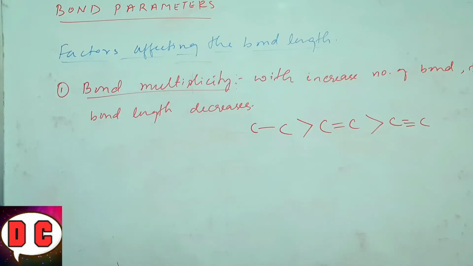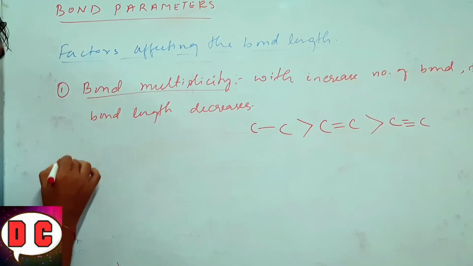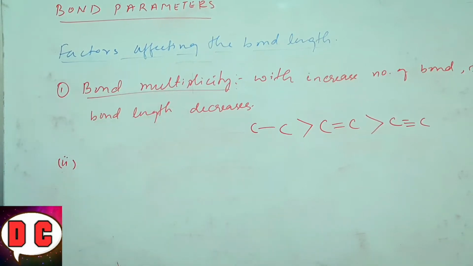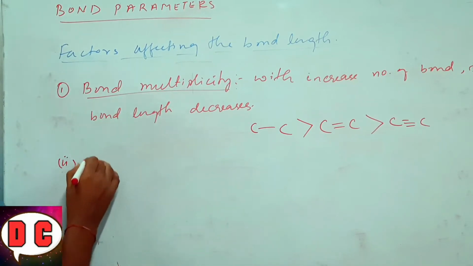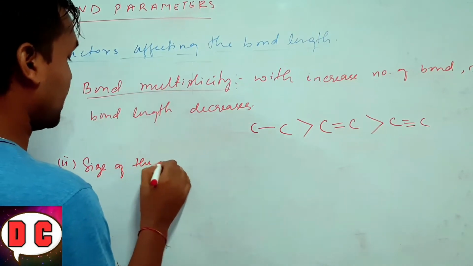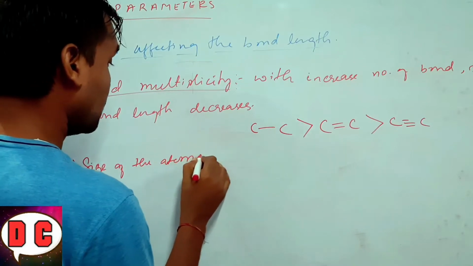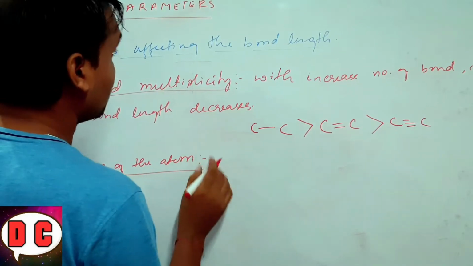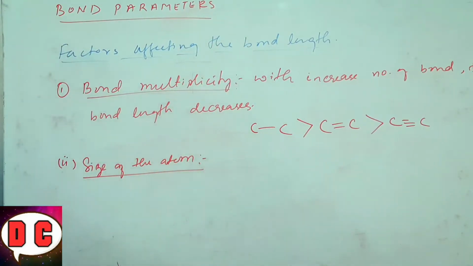Okay, fine. The second factor we are going to discuss is size of the atoms. The second factor on which bond length depends is the size of the atoms.